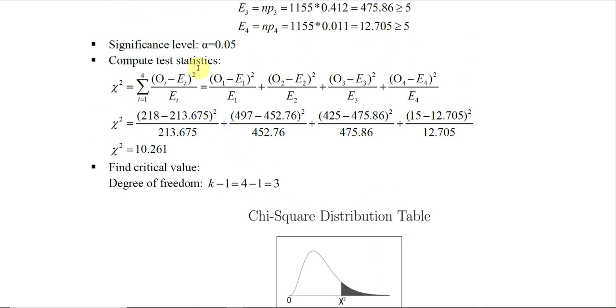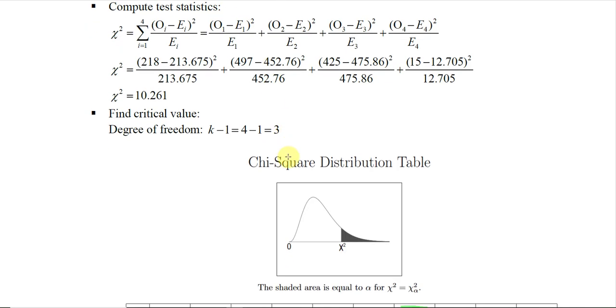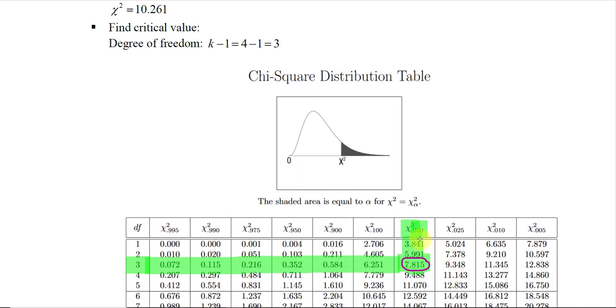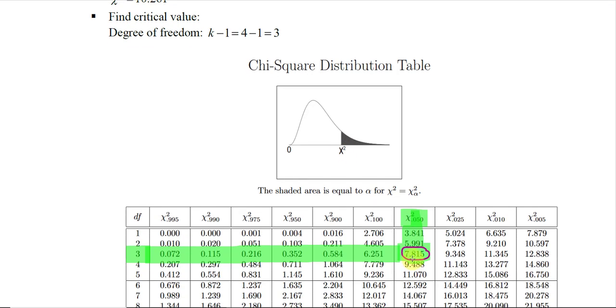Now, the significance level alpha is 0.05. That is the area to the right of your chi-square. So we go to 0.05, this is the alpha level, and you have 3 degrees of freedom, df, and that should be this number. 7.815 is your critical value.